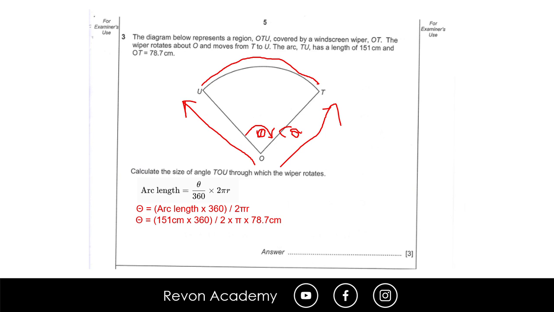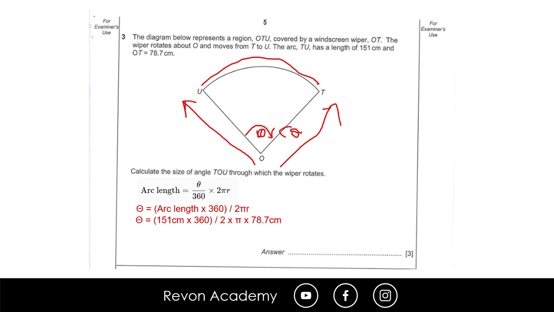For this one, just plug in the values and then you'll be okay. Most of my students have a problem with using the calculator. This is paper 2, so you're allowed to use a calculator, but what you can do is go step by step. Find the top part first, and then the bottom part, and then divide the top part by the bottom part.